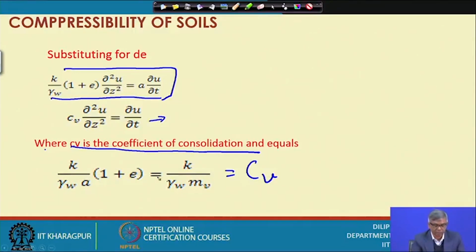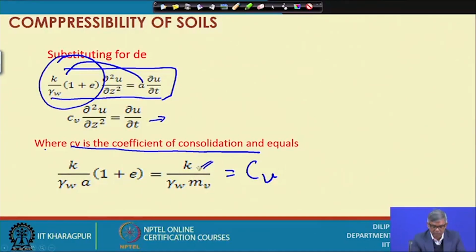Either way, whatever terms we have got, all together we are introducing by a term that is called Cv, denoted as coefficient of consolidation. Sometimes by using consolidation settlements we can find out the permeability, if you remember this formula.